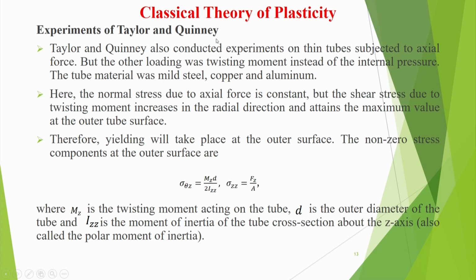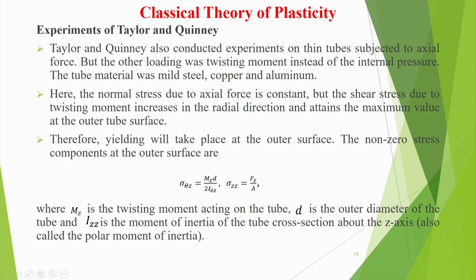Now similarly, the experiments of Taylor and Quinney: they conducted experiments on thin tubes subjected to axial force, but instead of applying any pressure, they applied a twisting moment. When they applied the twisting moment, the non-zero stresses were sigma theta z, that was the shear stress.